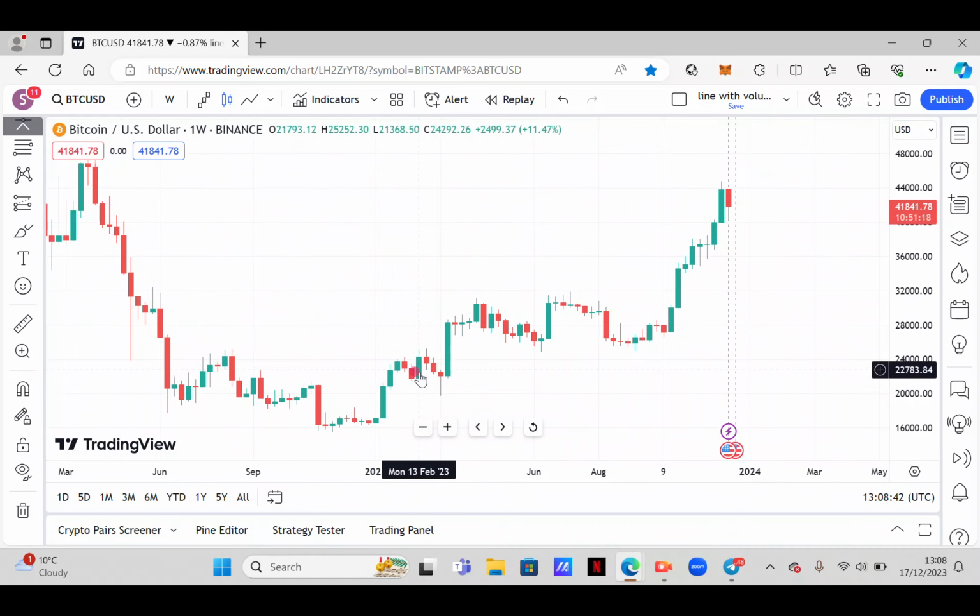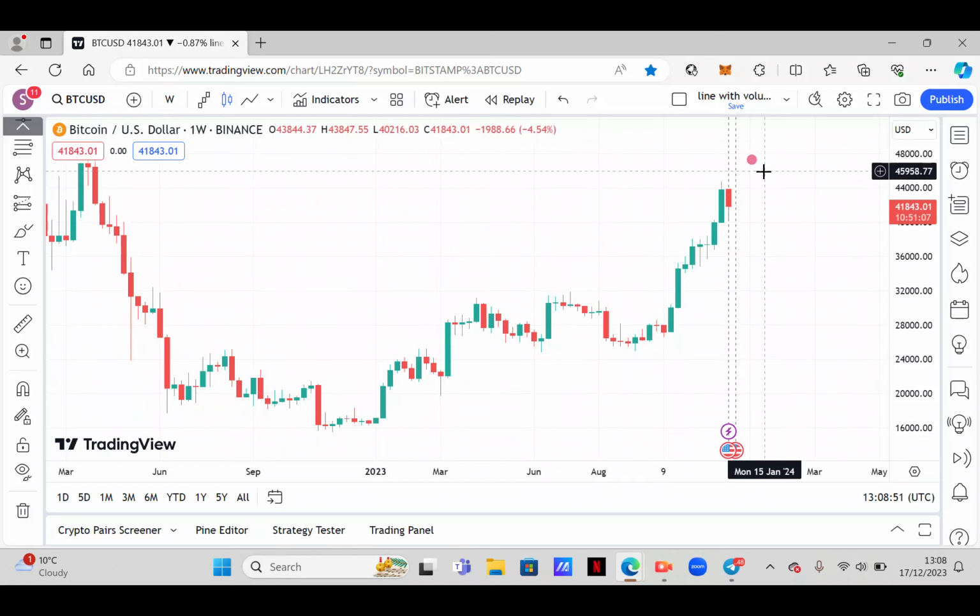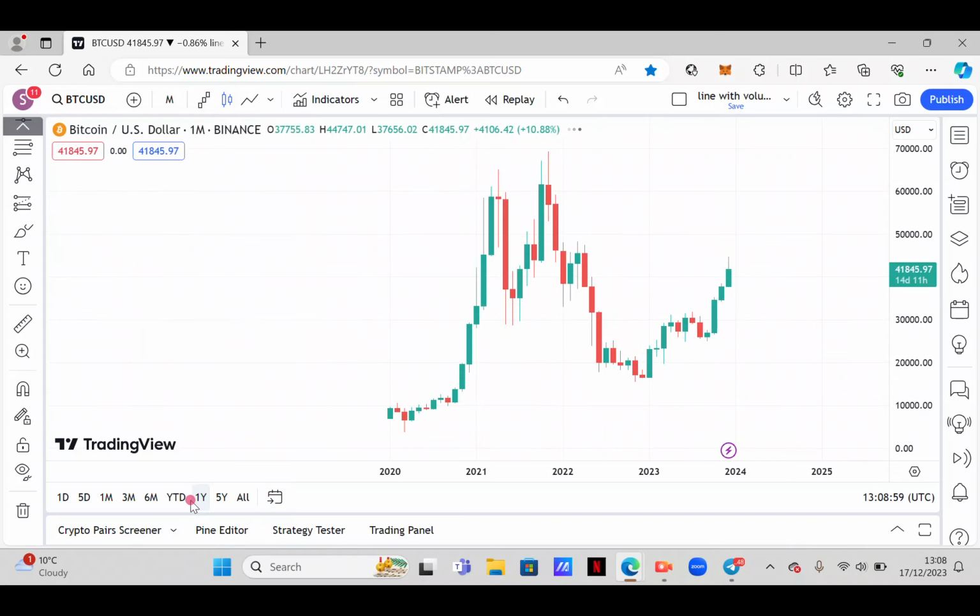It stabilized above it, and then we started going up. All the resistance that they tried to break down here, they didn't succeed. This was an uncertainty, followed by a big green candle and so on. And here, on the weekly, there is only one red candlestick.